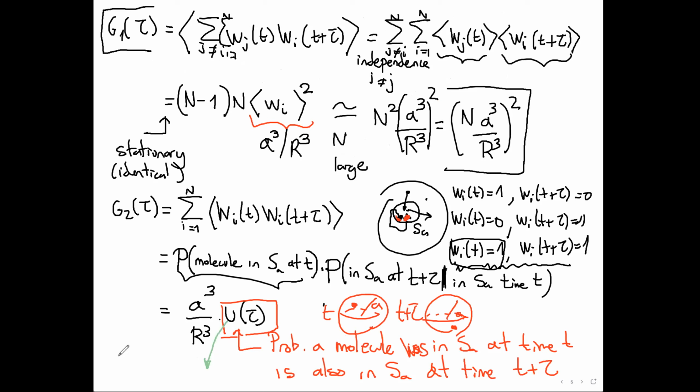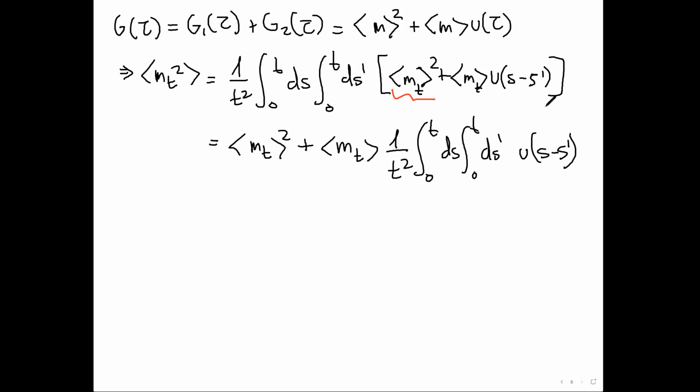So for the next lecture, we will calculate this quantity, which is the probability that a particle which was in a sphere, after diffusing around, is still inside the sphere in the next snapshot. Once we know this one, we will be able to calculate m_t squared, because the average we know, and we just need to do this.